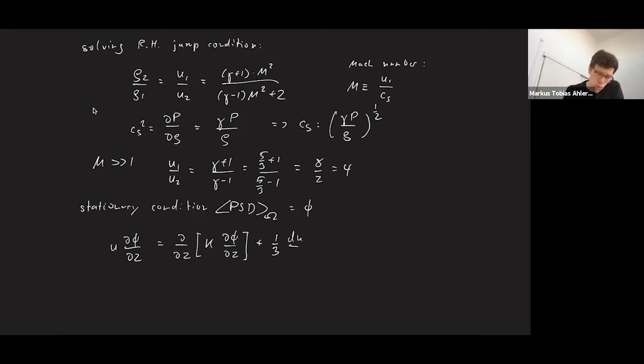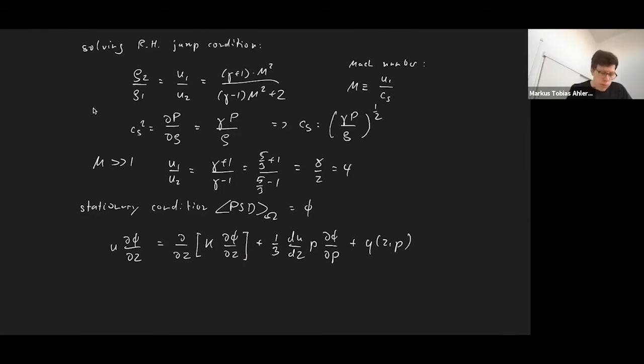So this is du over dz, and then p, and then the momentum derivative of the angular averaged phase space density. And then we also assume that we have a source term q(z,p). So this is here now the stationary condition for the phase space density of cosmic rays in the vicinity of the shock.